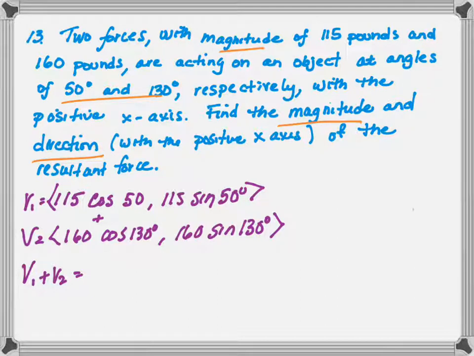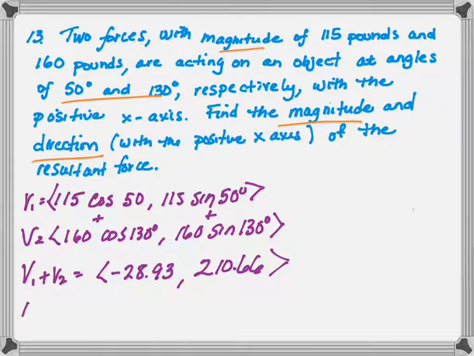You should get negative 28.93 for the A's added together, and then for the B's you should get 210.66. So there's our resultant vector, and now we need the magnitude of it and the direction.